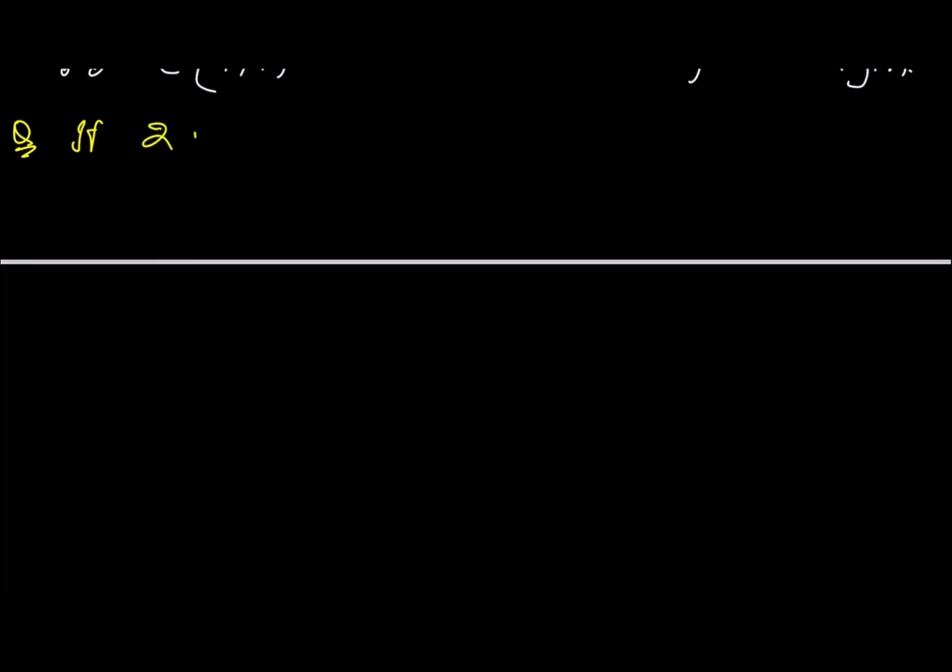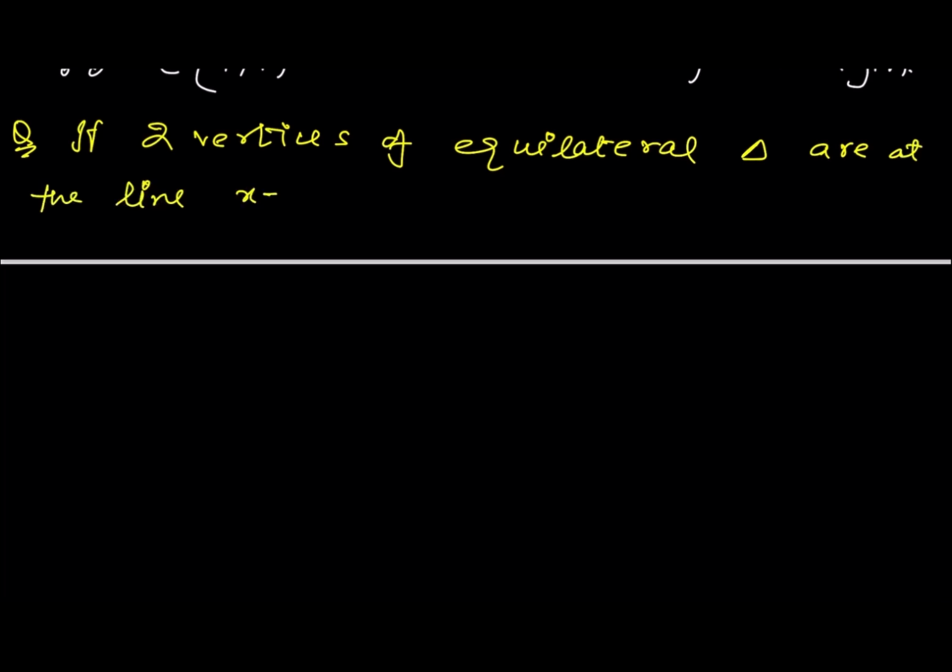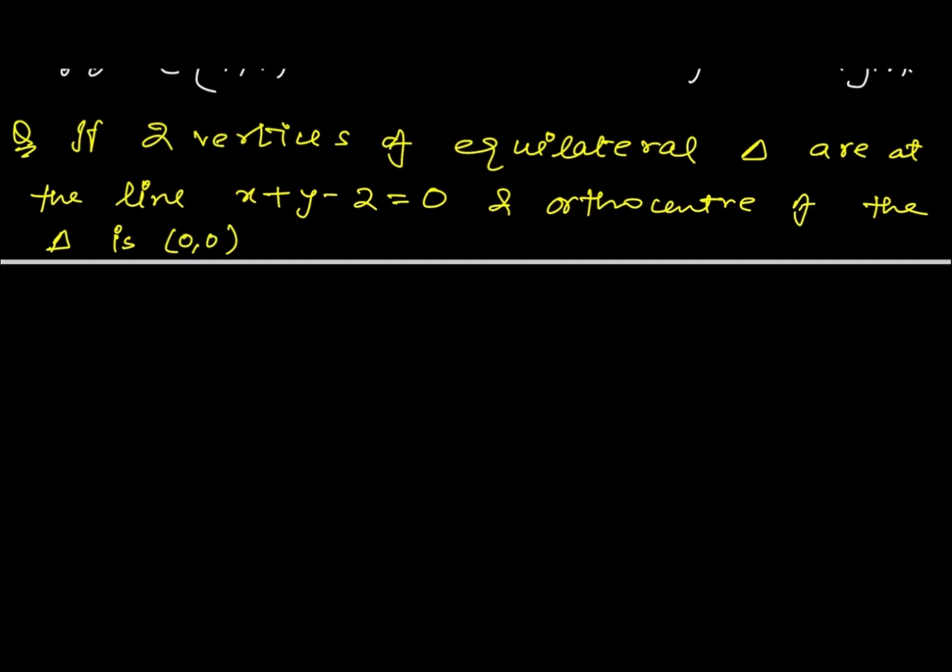If two vertices of an equilateral triangle are on the line x + y - 2 = 0, and the orthocenter of the triangle is (0, 0), then find the area of the triangle and also its third vertex.